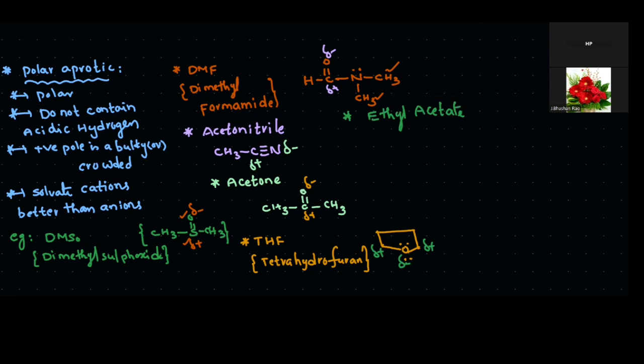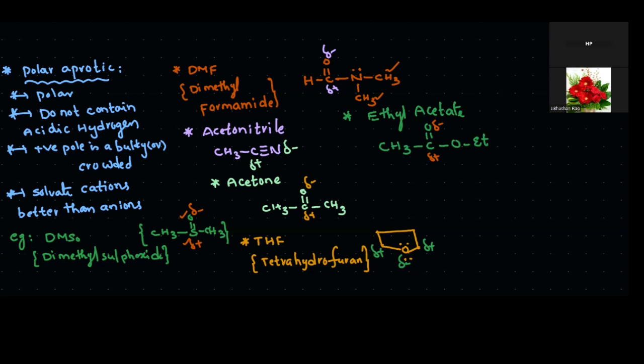CH3, C double bond O, and an ethyl group. This one is called the ethyl acetate molecule. In this ethyl acetate molecule, again polarity develops. The carbonyl carbon is positive, and charge develops here. It is a polar molecule.